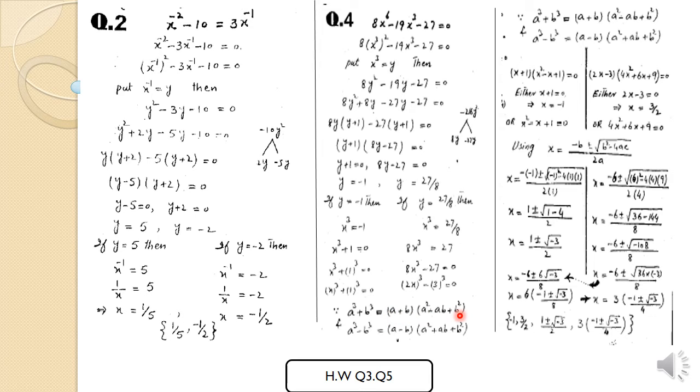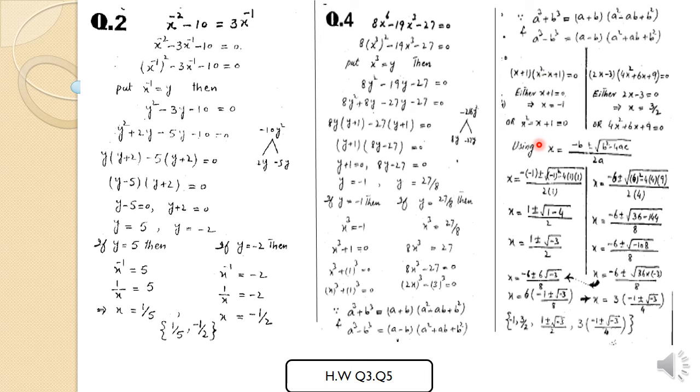The formula of a cube plus b cube is a plus b into a square minus ab plus b square, and the formula of a cube minus b cube is a minus b into a square plus ab plus b square. Now student, we can simplify it. Here we open the formula of a cube plus b cube, then it is x plus 1 and x square minus x plus 1, and similarly simplifying x plus 1 equals 0, then x equals -1.